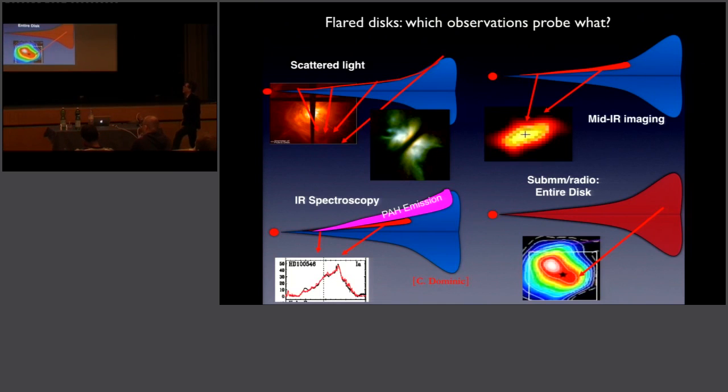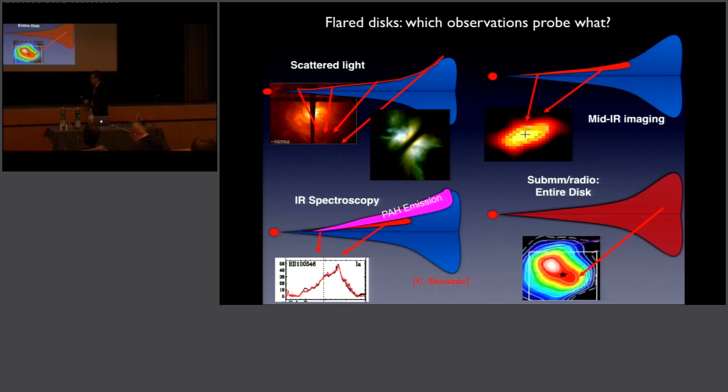So if you look at it this way, this is just a sketch to show you what you can probe at which wavelengths when you observe a protoplanetary disk. When you look in the optical, you mostly look at the scattered light from the surface layer, the tau equals 1 surface layer. When you look at the infrared excess, you are really looking at the hot emission from the inner disk.